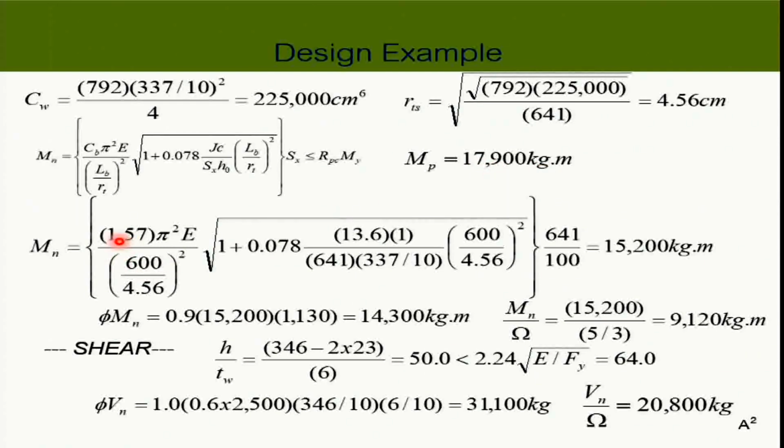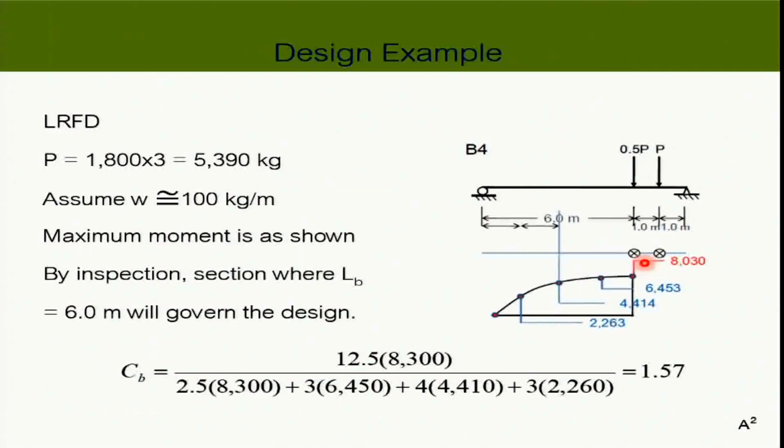After including CB here, I have the moment almost equal to MP. It's just slightly short of that. And for LRFD, it's just a different calculation. But this moment is greater than that, way greater than that, because of CB.